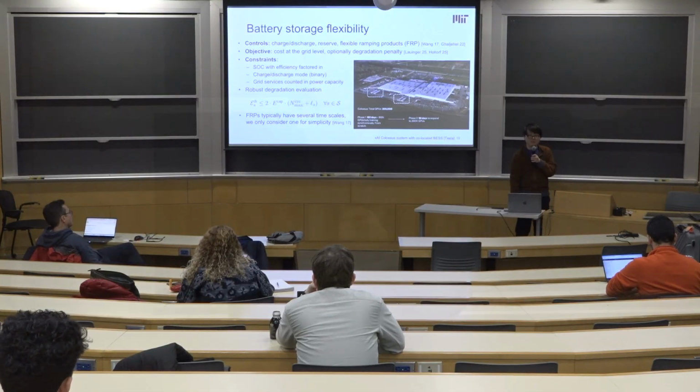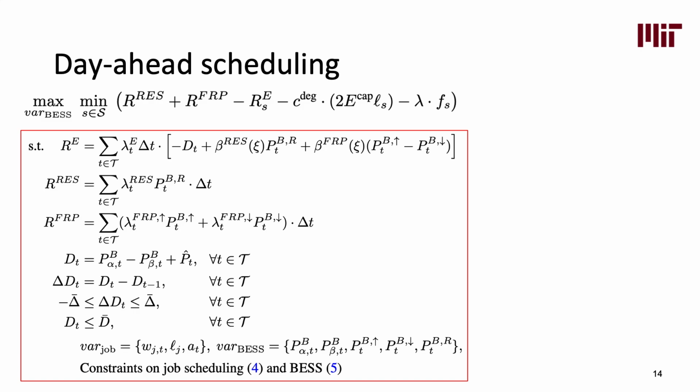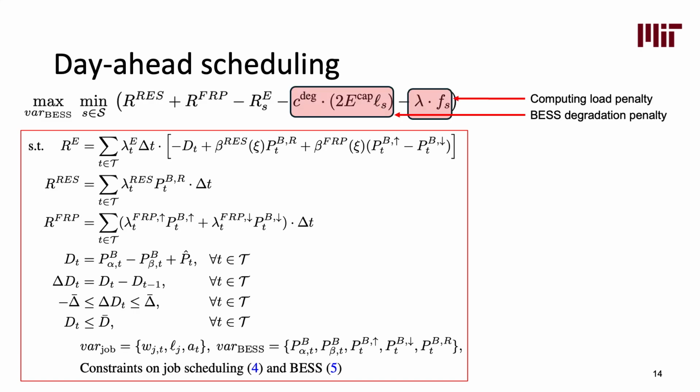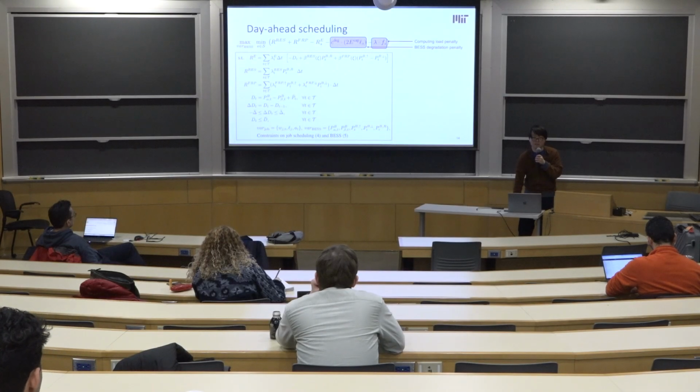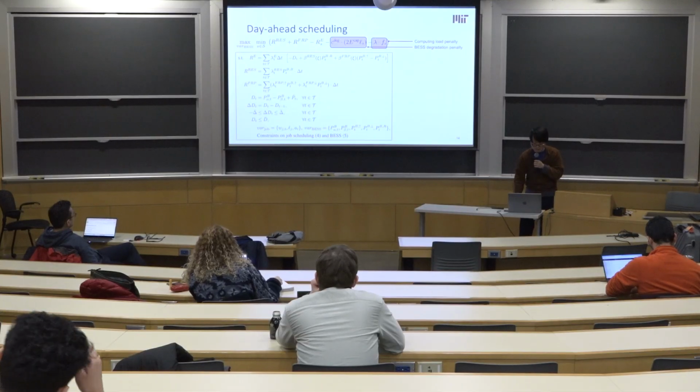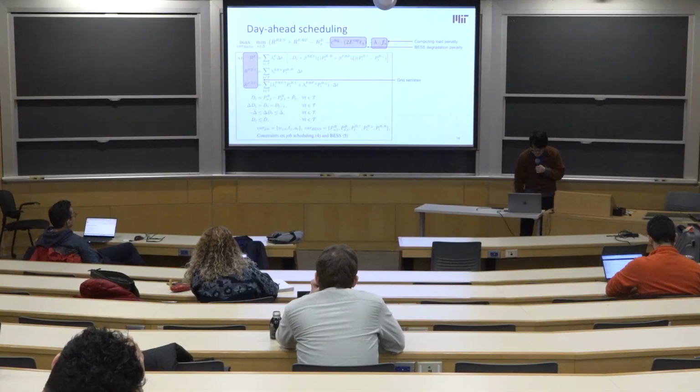Translating into mathematics, I'm not going to talk about too many details here, but it's basically how we model mathematically the ideas I just mentioned. Those are the penalty terms in the objective in terms of computing load delays and also battery degradation. The first three terms are with respect to the energy market and the ancillary service market, in terms of reserve and flexible ramping.